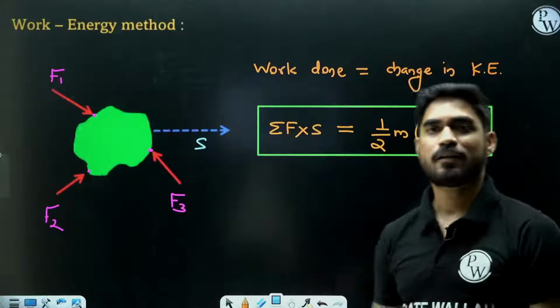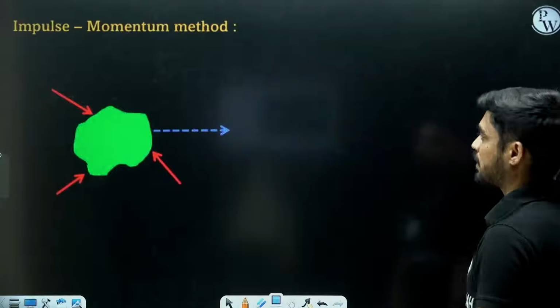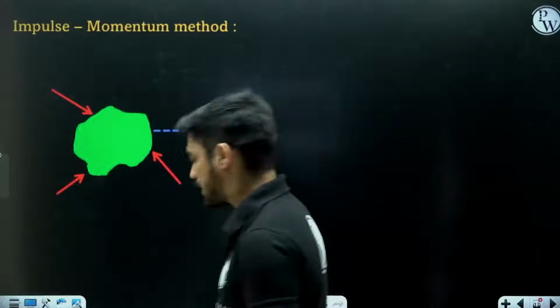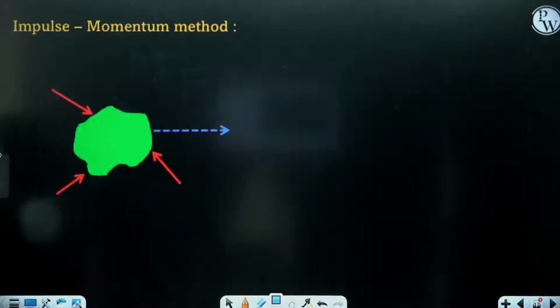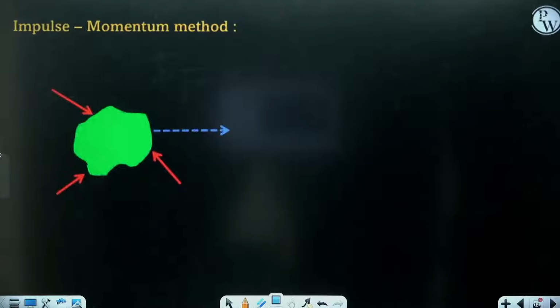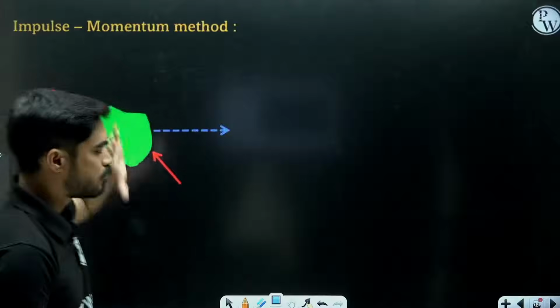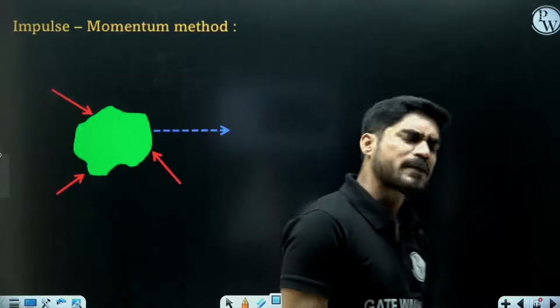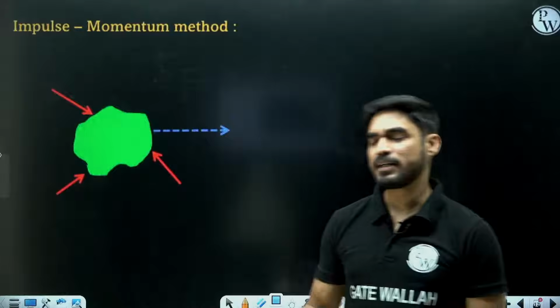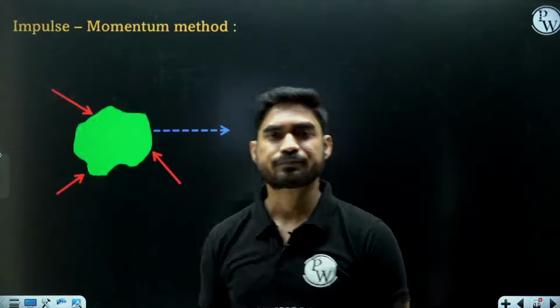Okay. Moving on to the next method, which is the impulse momentum method. Now, in order to understand the impulse momentum method, first you need to understand what is impulse and what is momentum. Impulse means what? It is the product of force and time.